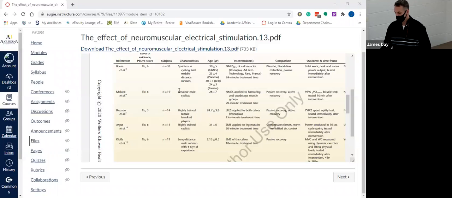How can you describe them in the least number of words possible? Age, because that becomes fairly important.